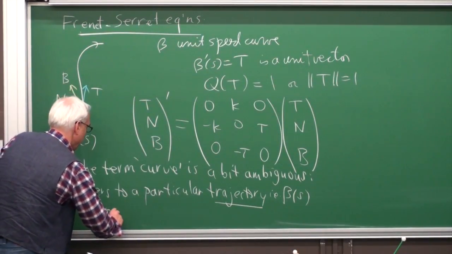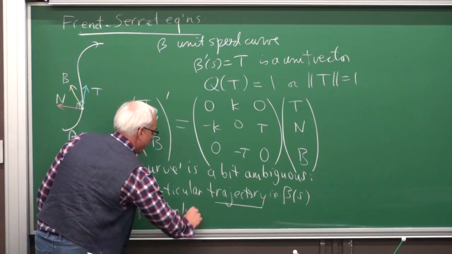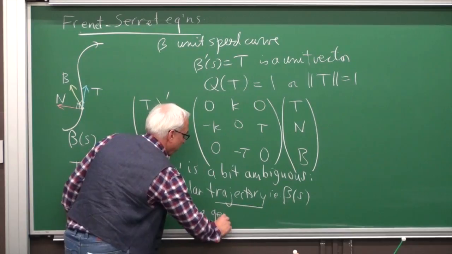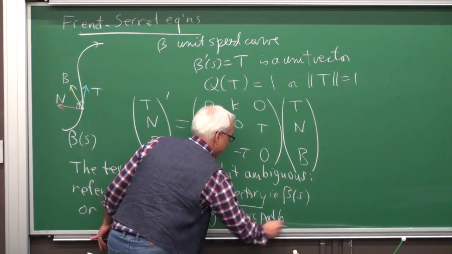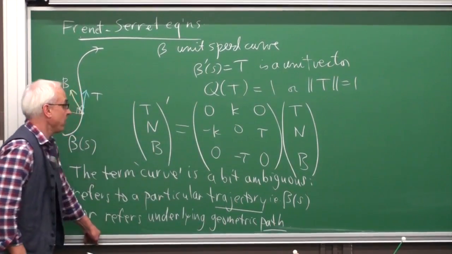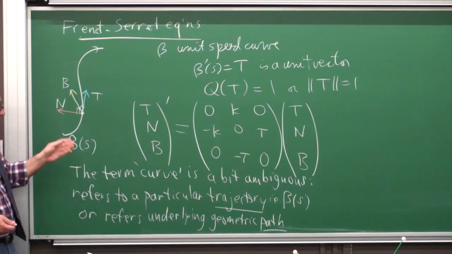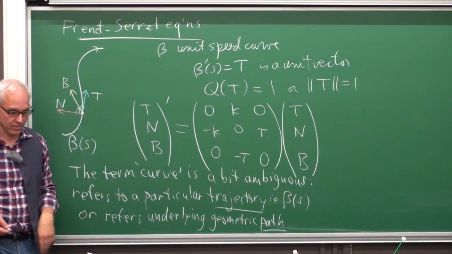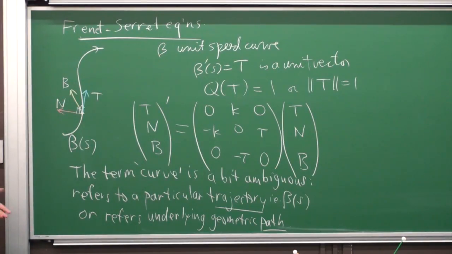Or it refers to the underlying geometric path, which you can just think of as the points which are being traversed, but you don't really care how they're being traversed. In particular, a path actually often has many different parameterizations.